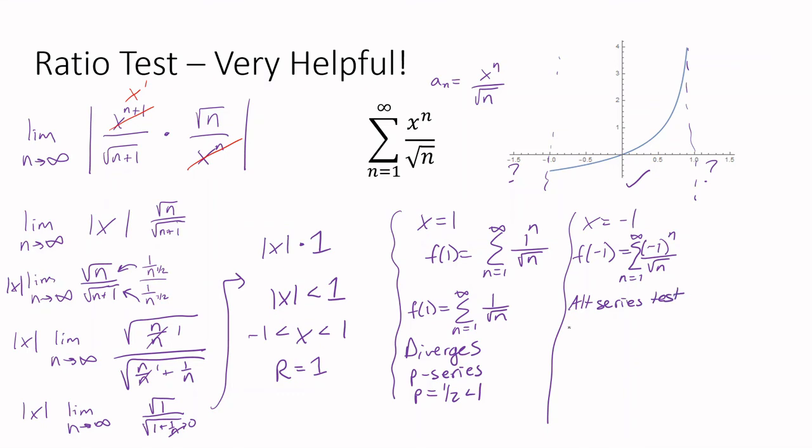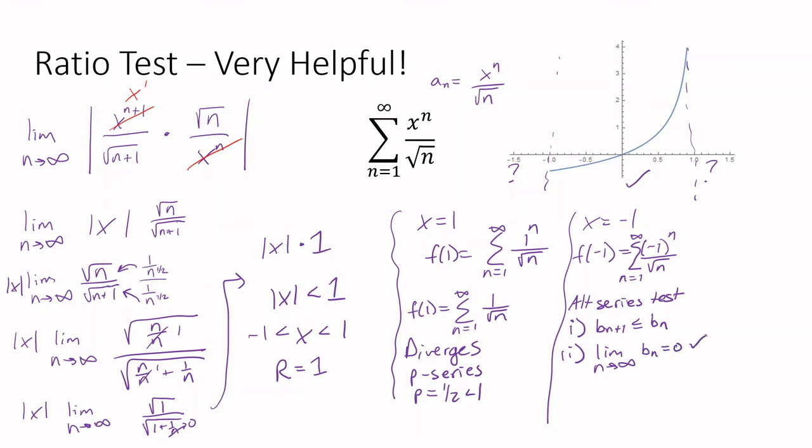Then I just have to check, is it decreasing? So again, either do the algebra or take the derivative of 1 over square root x and show that that's negative. And then I have to just show the limit goes to 0, and this isn't too bad.